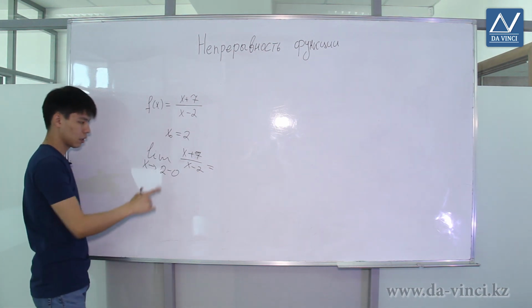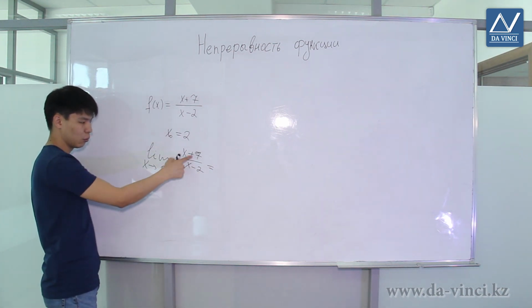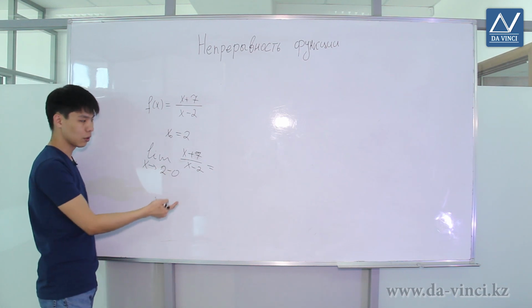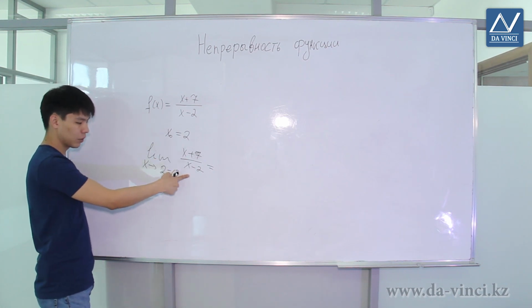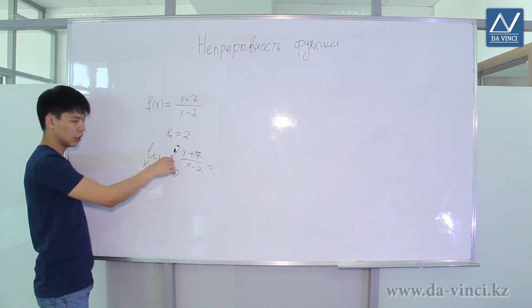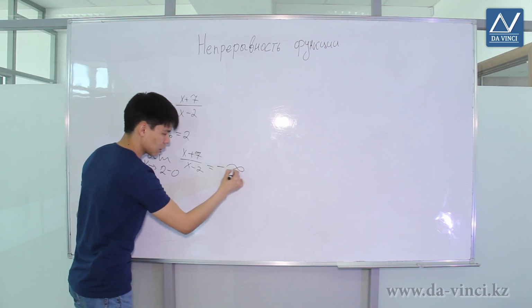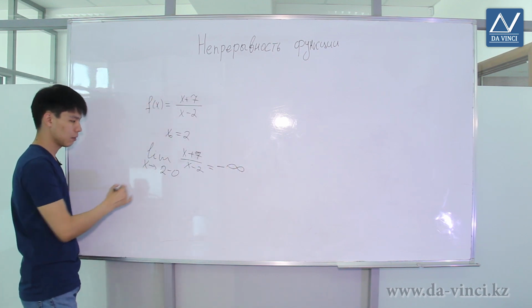Let's see what happens. It will be 2 minus 0 plus 7 on the top. It is 9. And there will be 2 minus 0 minus 2 on the bottom. Minus 0. And there will be 9 divided by minus 0. 9 divided by a very small negative number. It's a very large negative number, that is minus infinity.